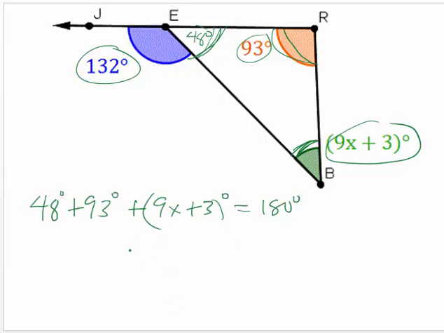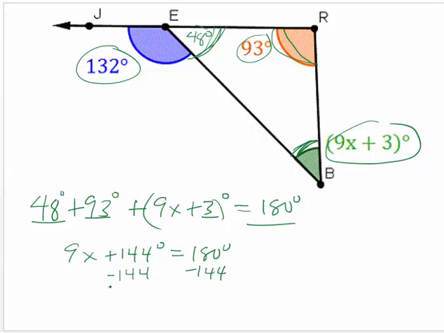Well, we have 9x, and 48 and 93 would be 141 plus 3 is 144. I believe these three numbers add up to 144. Okay, and that equals our 180. Let's subtract our 144 over.